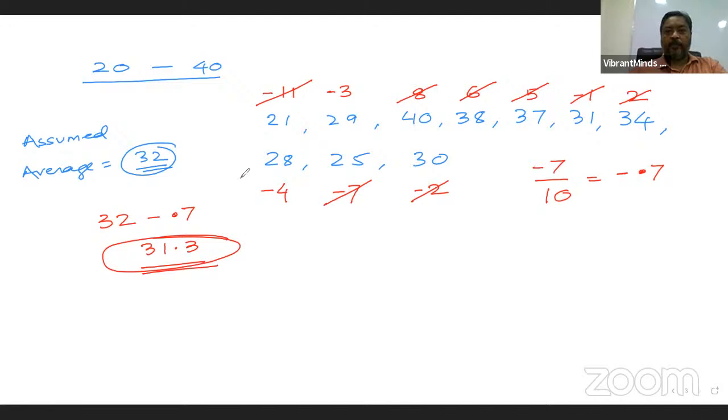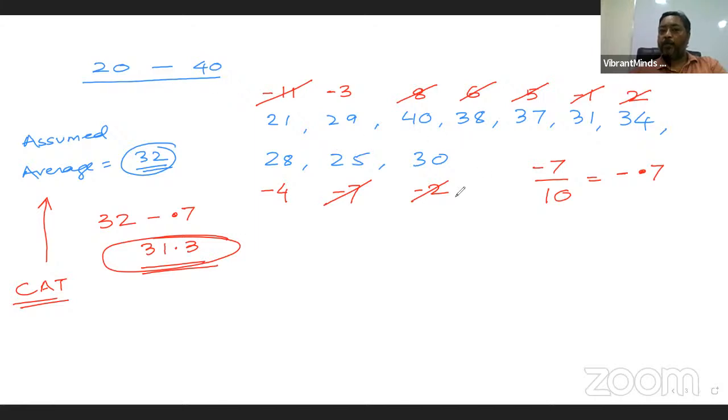Now see, this method is taught to whom? So this method is basically taught to CAT students. This is taught to CAT students because they have n number of observations, more than 40, sometimes 50. And what happens? They have closely packed numbers.